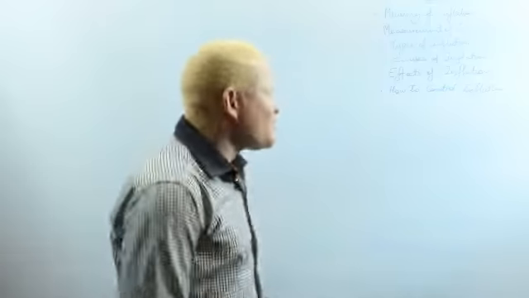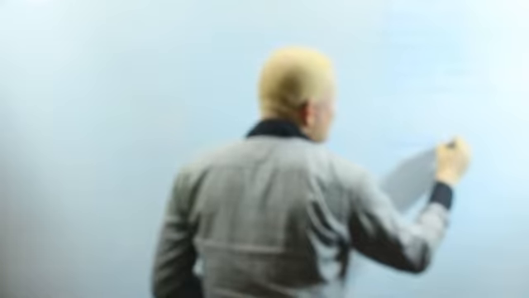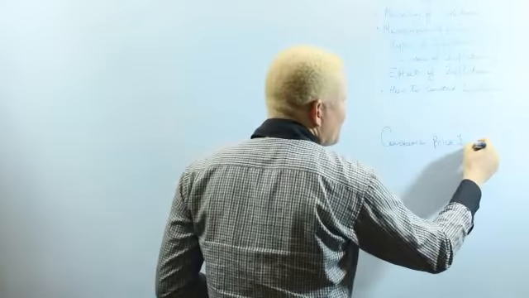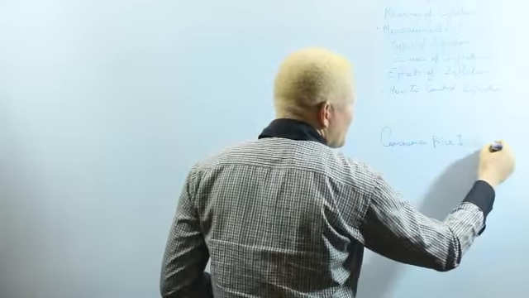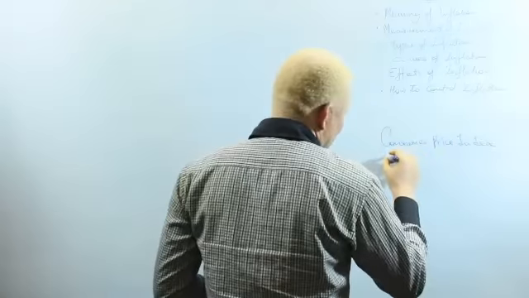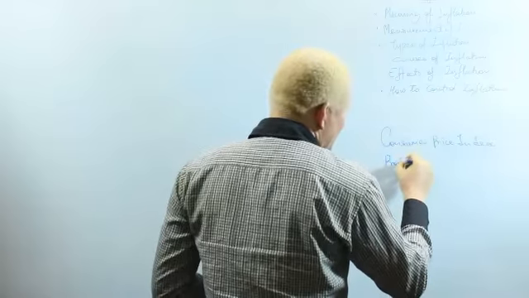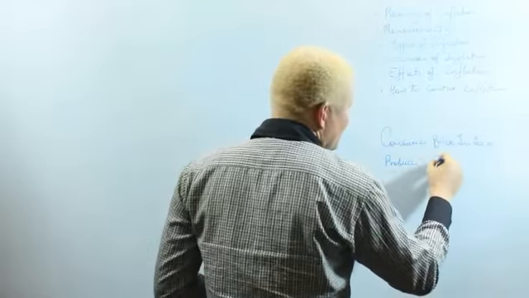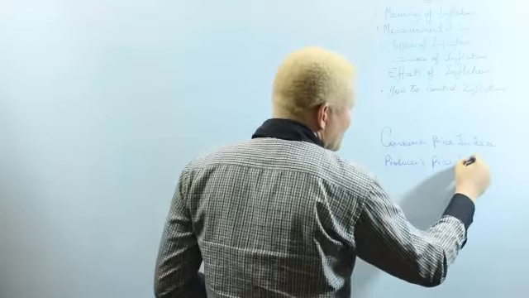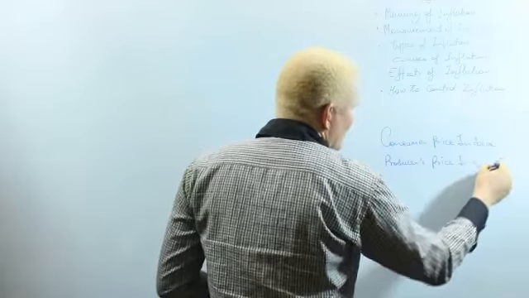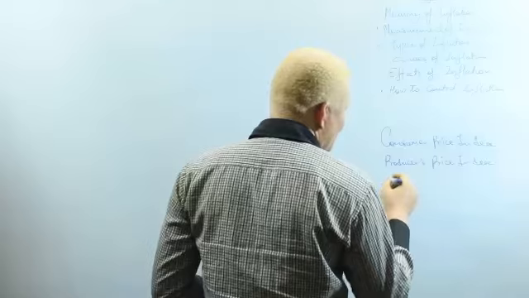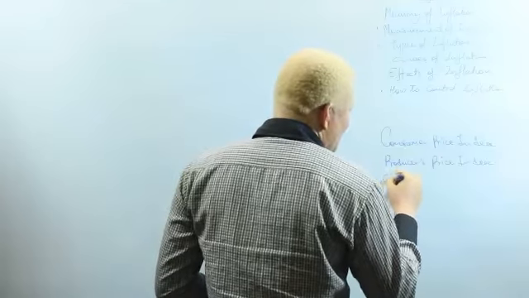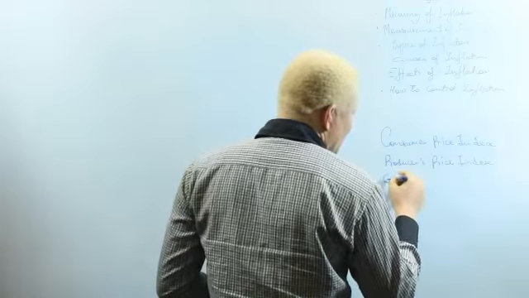General price indices could also be broken down: we have the consumer price index, the producer's price index, and we also have the GDP index.